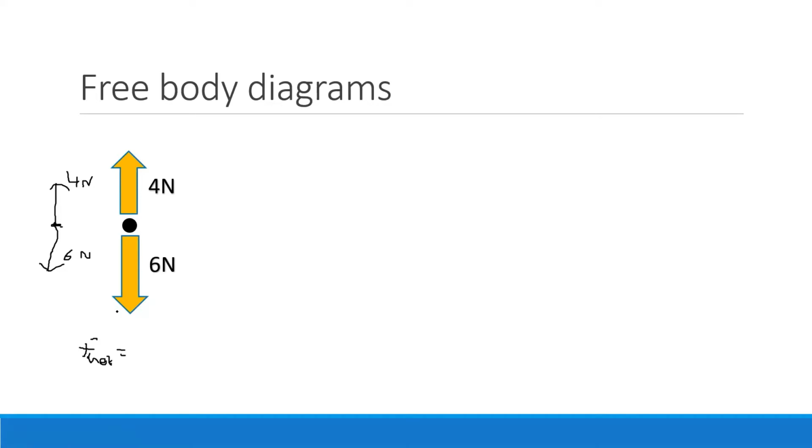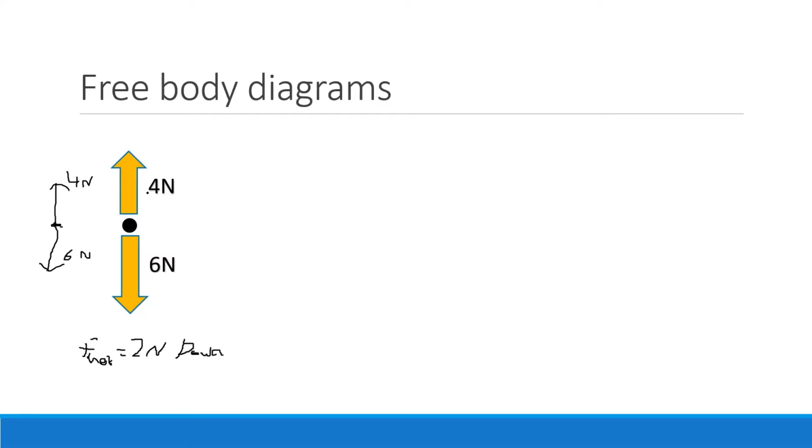Come on, 2 newtons down. Thank you for clear. 2. Kelvin, caught you. You said 2. You did not say 2 down. 2 newtons down. Remember, you must have a direction. So if you just wrote down 2, then they would be wrong.